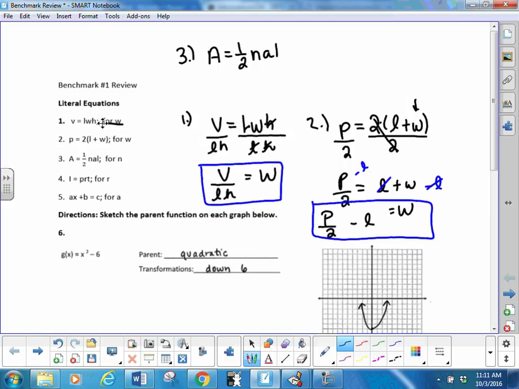First thing I'm going to do is multiply both sides by 2. That makes that 1/2 turn into a 1. So I've got 2A is equal to N times little a times L. Since I want to get N by itself, I'm going to divide both sides by little a times L.